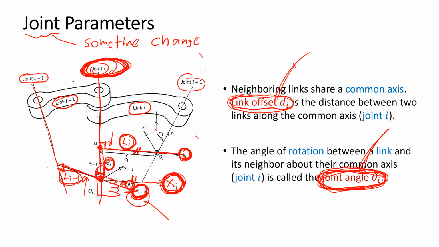But in our real process, when we analyze the problem, the first step we need to do is attach the frame and then derive the parameters. So if we attach the frame first, how can we know the value of these parameters? By this definition, but instead of considering it from the physical meaning, how can we know the value of the parameters from the frame attachment?